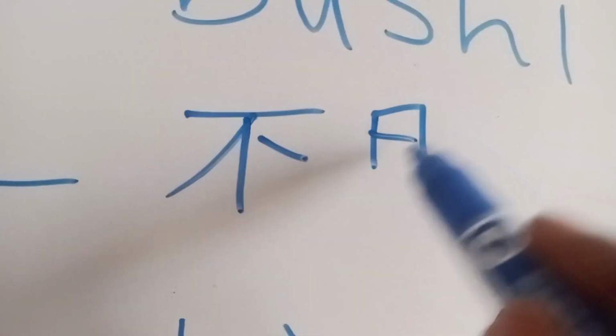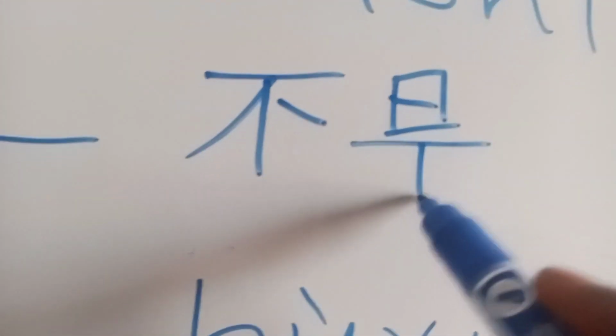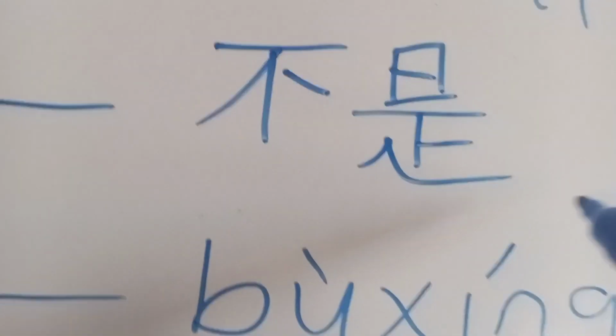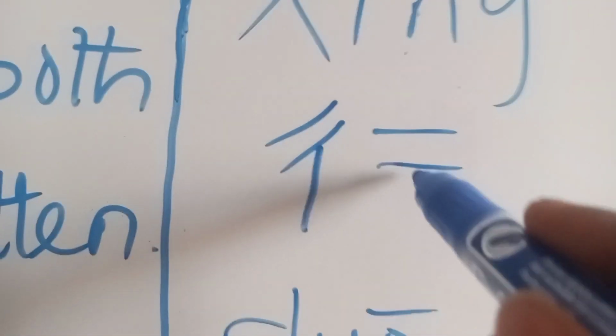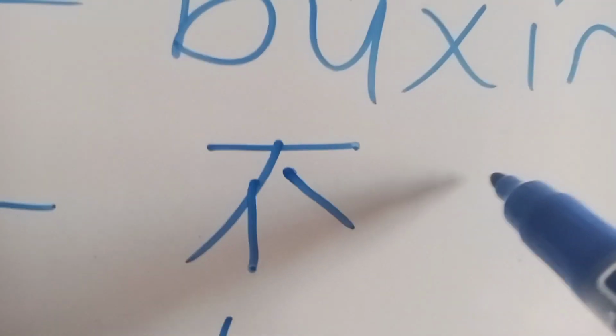You write shì again, and that is bú shì. Xíng. This is how to write xíng. You do like this. And this is bù xíng. Our bù again. Bù xíng.